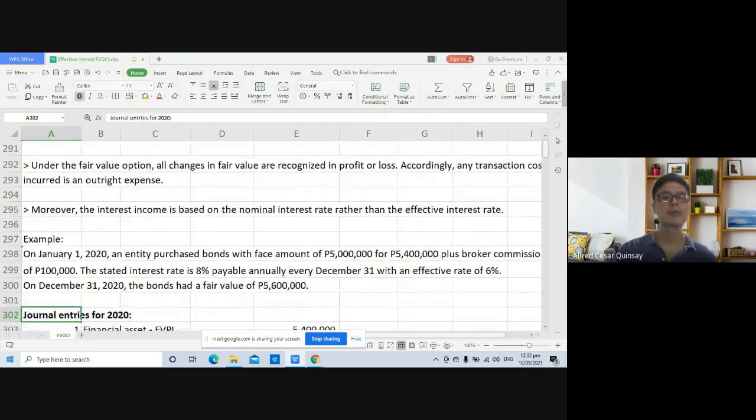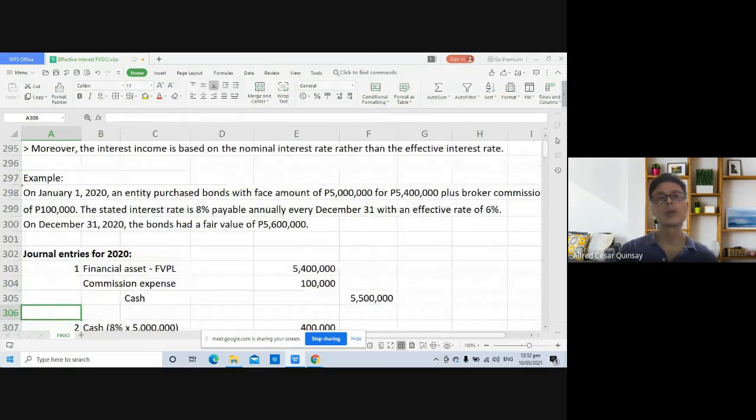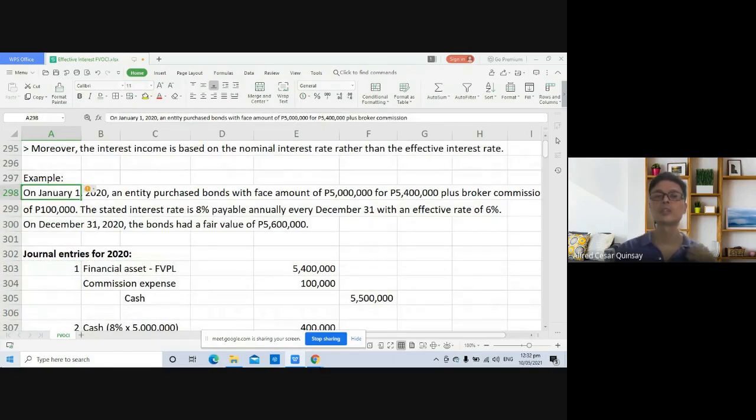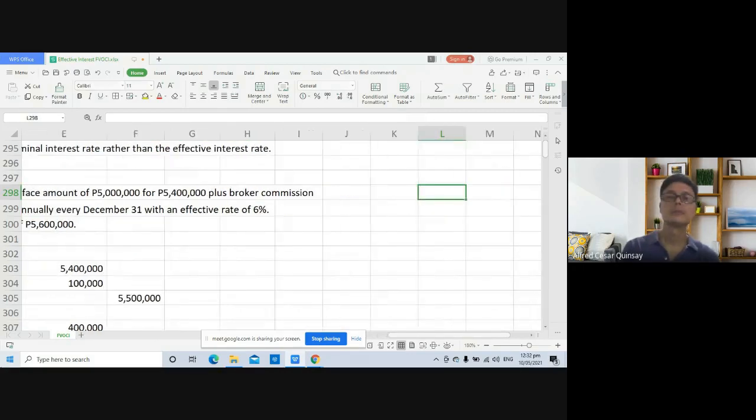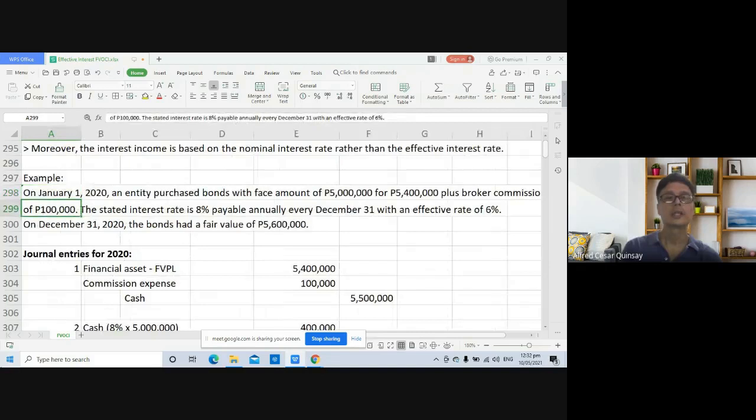So let's take an example. So on January 1, 2020, an entity purchased bonds with face amount of 5 million for 5,400,000. So this is at a premium. Okay, so plus broker commission of 100,000.